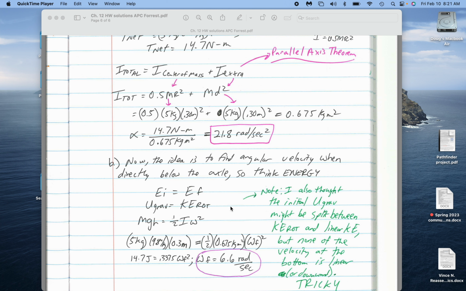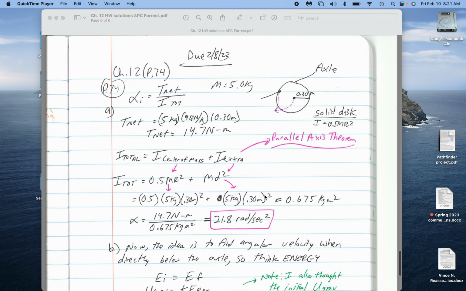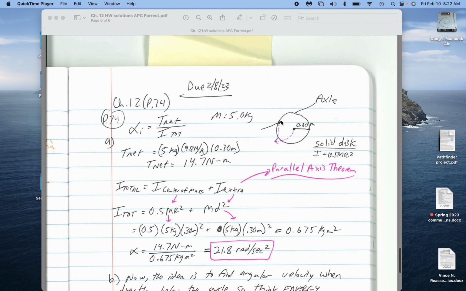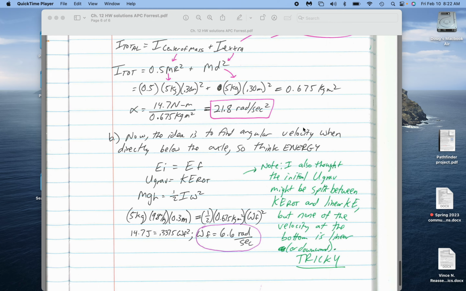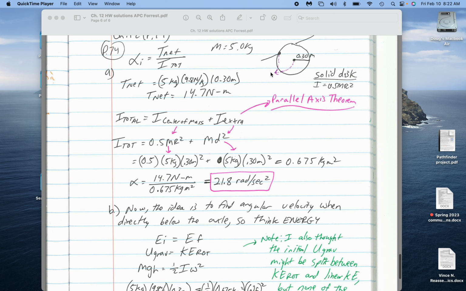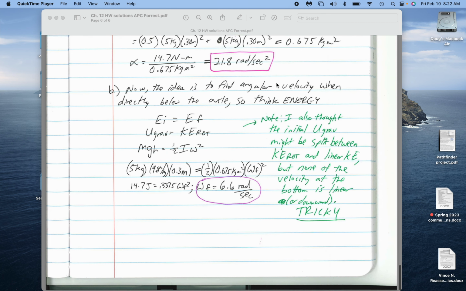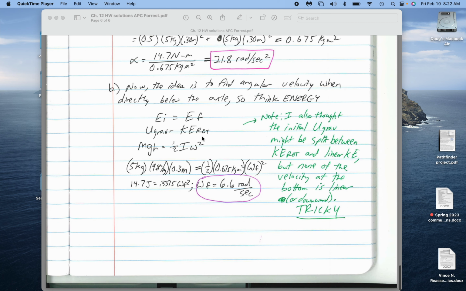I'm still a little surprised at this, so this was not easy for me, but this was only rotating, and I think it's because this fixed point is not moving, maybe? At any rate, or maybe at that instant the center of mass isn't moving vertically when it's at the bottom. But either way, this is only equal to kinetic rotational energy, so then we can get 6.6 radians per second.